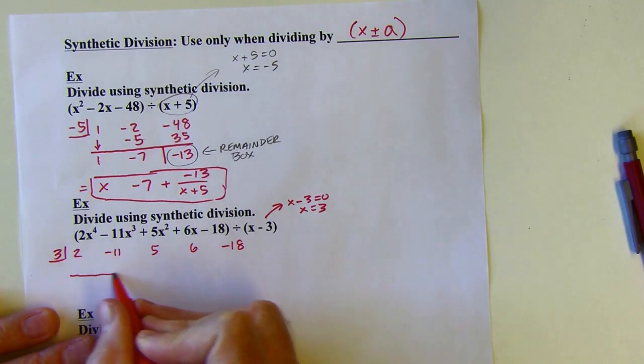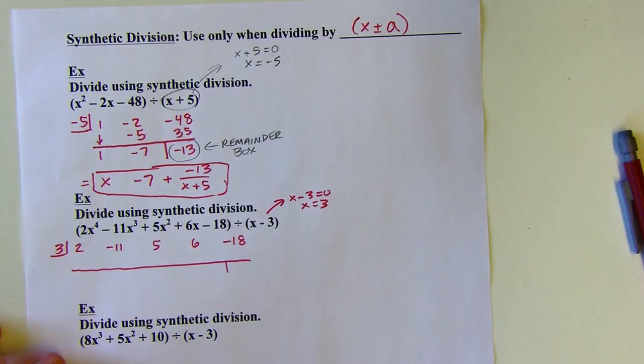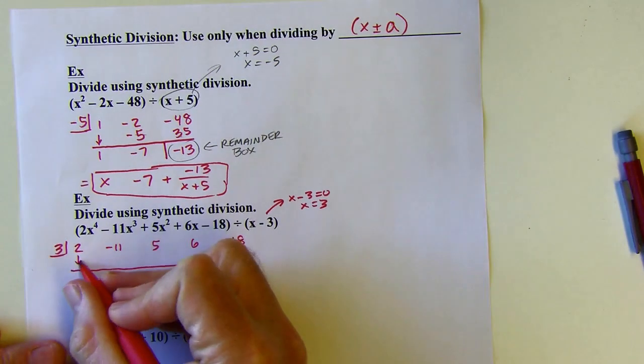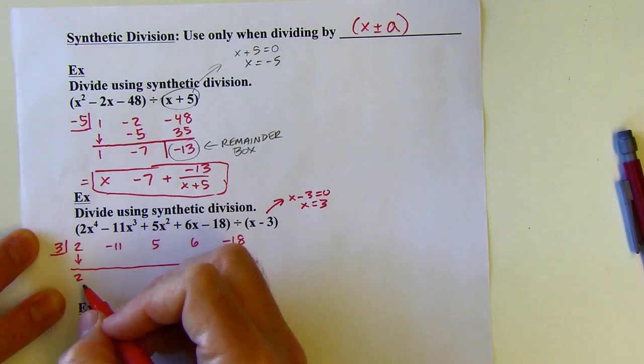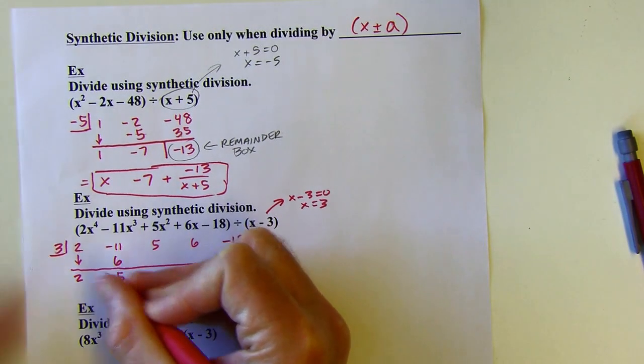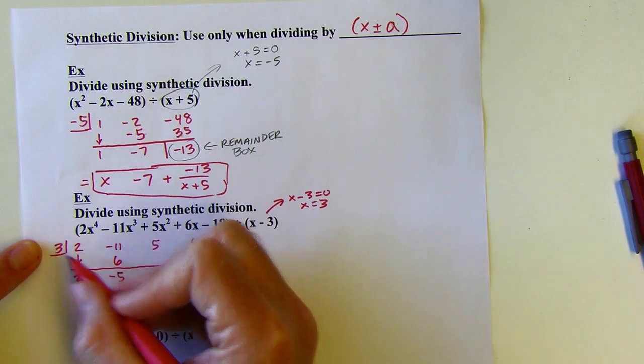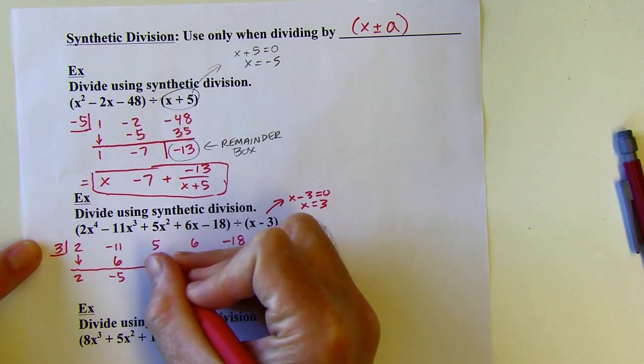Okay, leave a little space, another bar, and put that little box, okay? So I'll pull down the 2, then I'm going to multiply. 3 times 2 is 6, then add, multiply, so it's like multiply, add, multiply, add, multiply, add. 3 times -5 is -15.